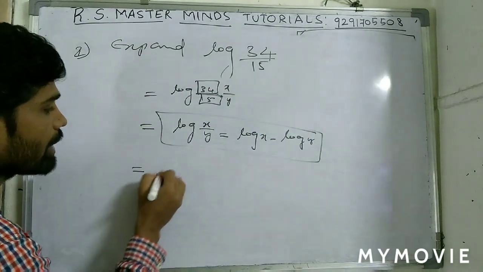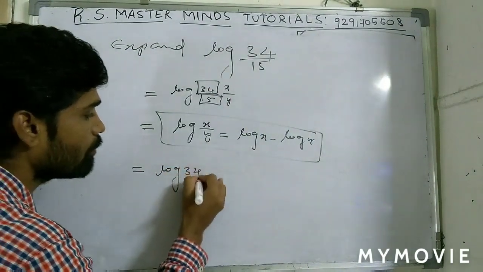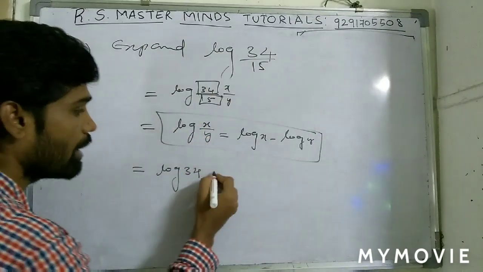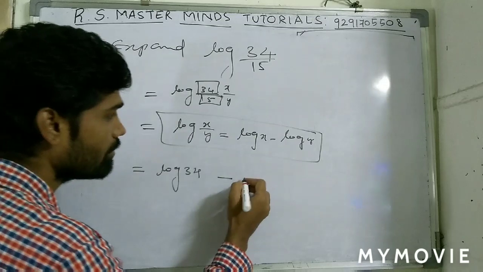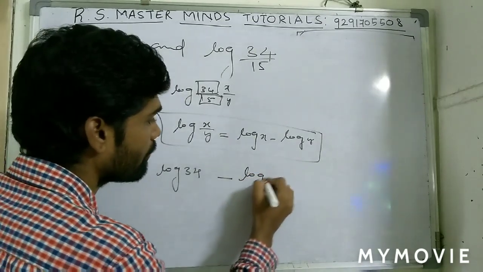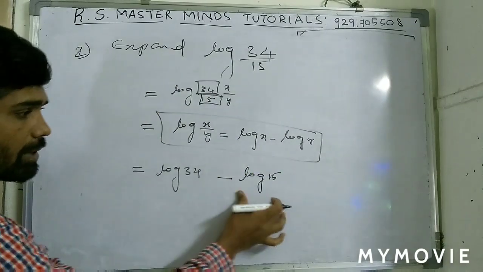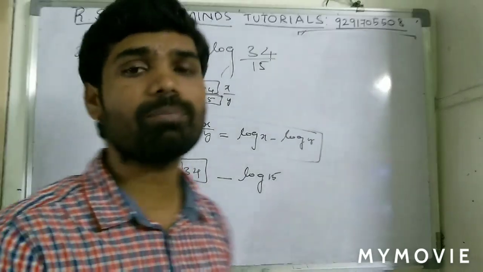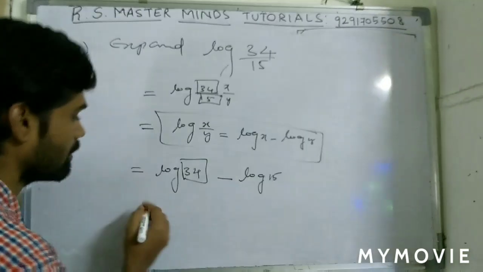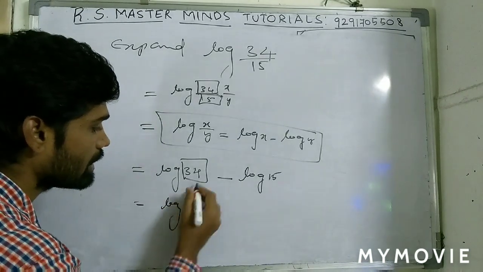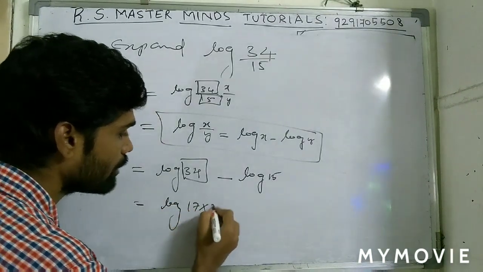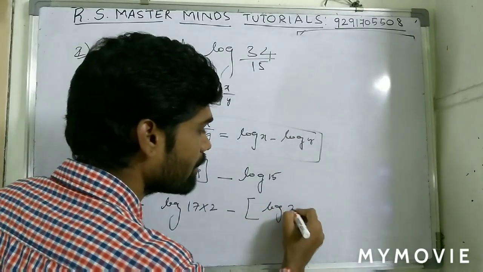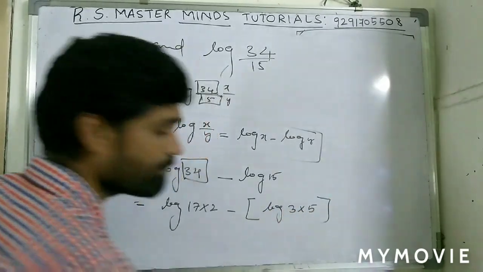Now we can write log 34 minus log 15, where x is 34 and y is 15. So we have first of all expanded it. Now let us see if we can write these as products of primes. Log 34 can be written as 17 into 2, and log 15 as 3 into 5.